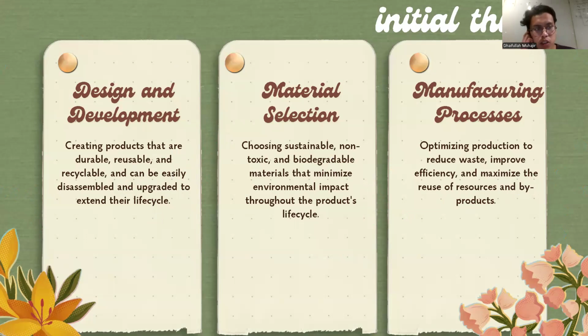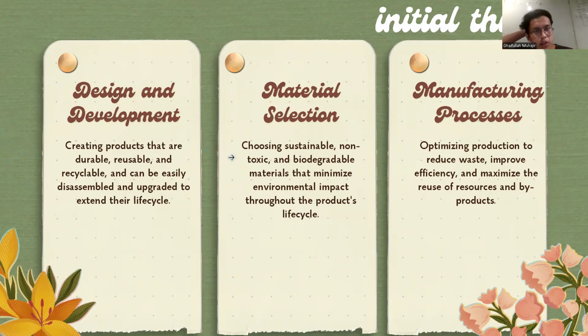So the first point, design and development, plays a crucial role in the circular economy. This is the component that we must be aware of and take a look at.